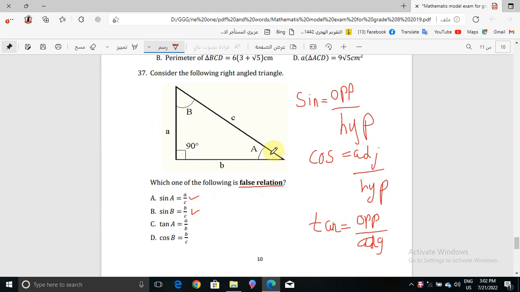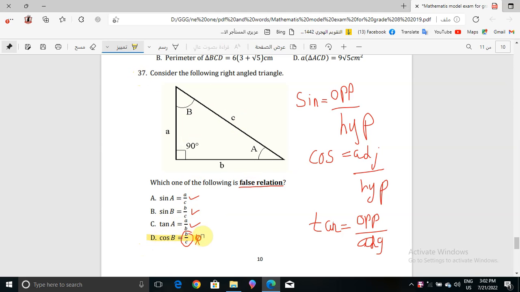Tan A means opposite over adjacent. Opposite is A, adjacent is B, so A over B. Yes, it's correct also. Now cos B is equal to what? Adjacent over hypotenuse. Adjacent is A and hypotenuse is C, so A over C. This one is written B over C, so this one is not correct, and it is the answer for question number 37 because it asks for the false relation.